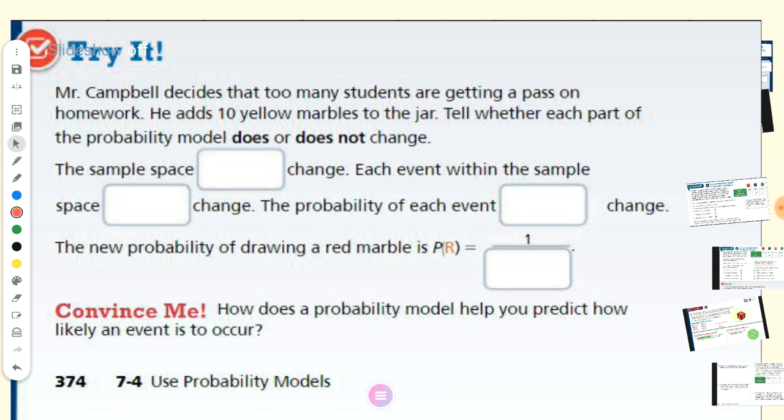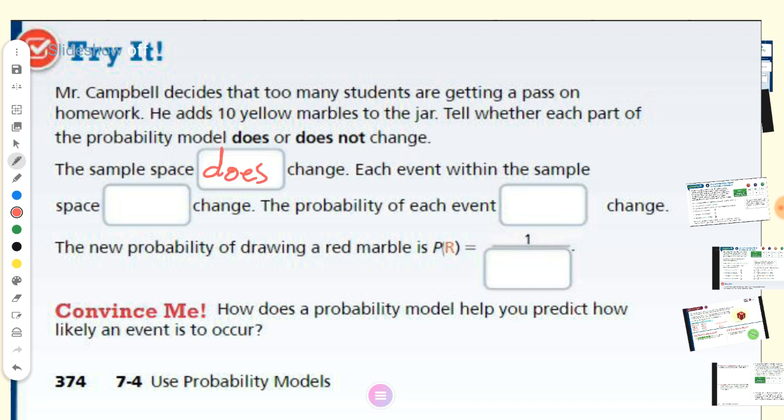After we add 10 yellow marbles to the last jar, does the sample space change or not? It does change, because the denominator, the whole number, will change. It was 10 before, and then I add another 10, it becomes 20. So it does.